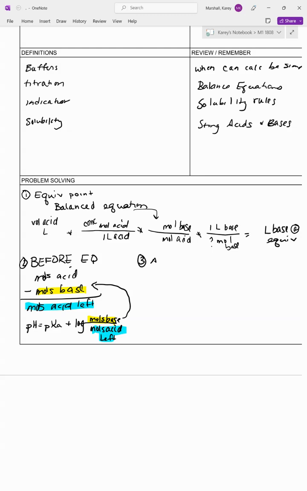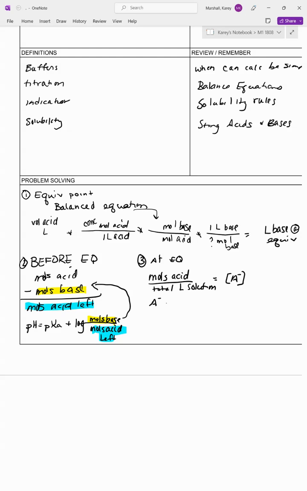So at the equivalence point, this is the tricky part. You're going to take the moles of acid you started with, and divide that by the total liters of solution. We're going to call that the concentration of A-, because everything's going over and making that conjugate base.